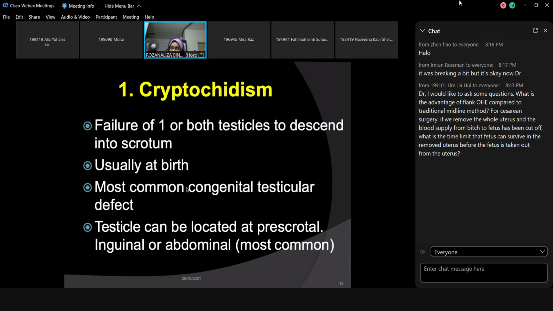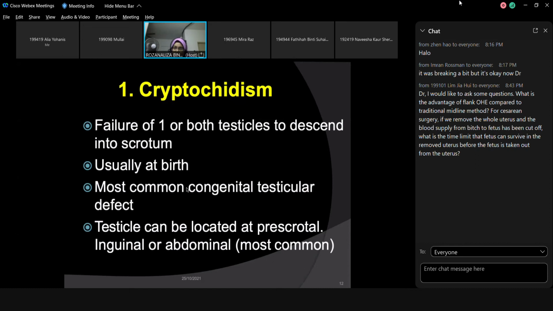Why? If you code it wrongly, from the economic point of view, you will lose money. You say, oh, castration, you charge like 100 ringgit, but actually this is a cryptorchid patient and you need to do an exploratory laparotomy and look for the testicle retained in the abdomen.